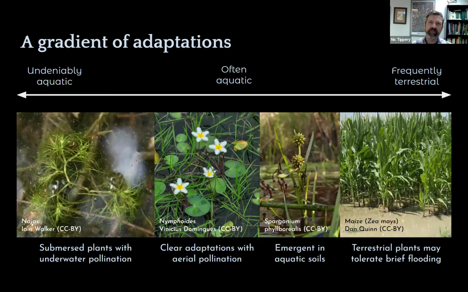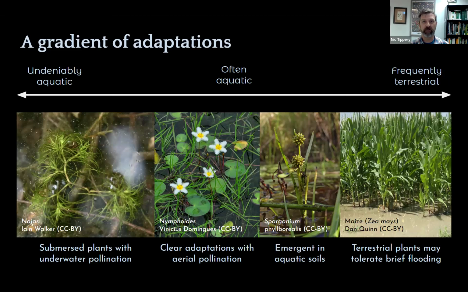So that's really part of the challenge of this project. If we could simply define aquatic plants in simple terms, this might be a little easier, but we have a range of adaptations and a range of maybe cutoffs where people would differently think that plants are aquatic or not quite qualifying as aquatic. So I've got some examples on the screen here. Some plants that are aquatic would have no debate about them being aquatic.